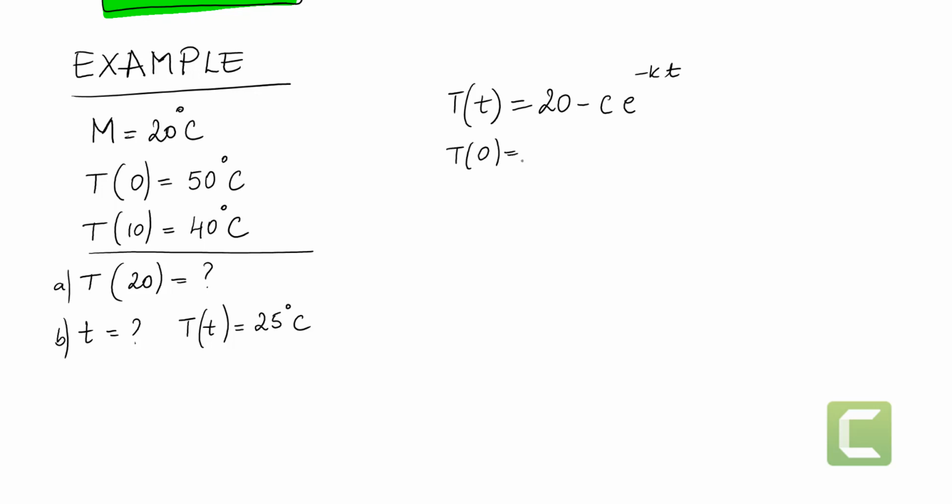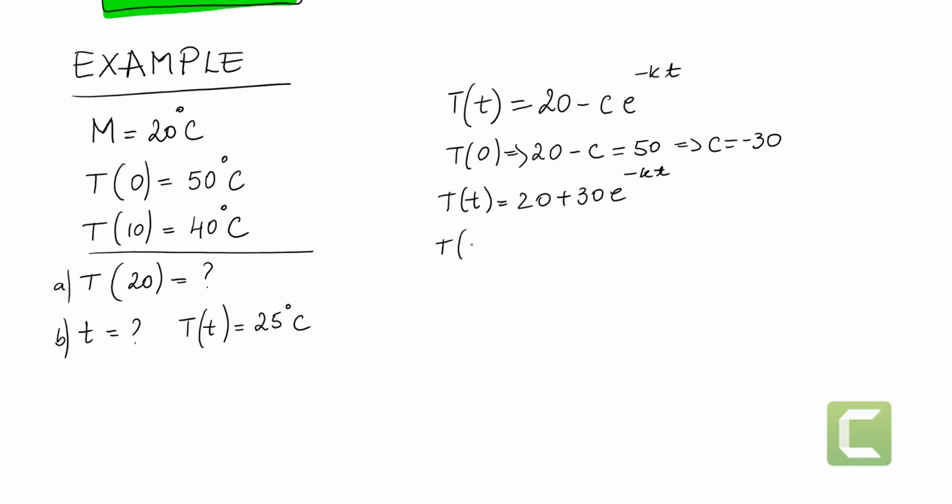So T(0) is 20 minus C times e to the 0, which is 1, and that is equal to 50 degrees Celsius. So then C is going to be equal to negative 30. So the new T(t) is 20 plus 30 e to the negative kt.